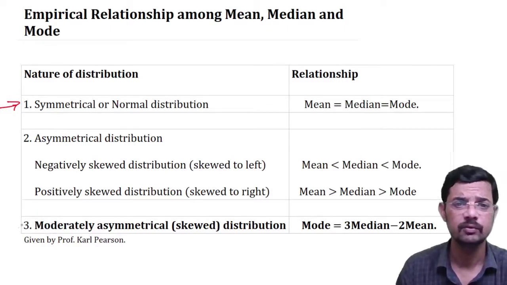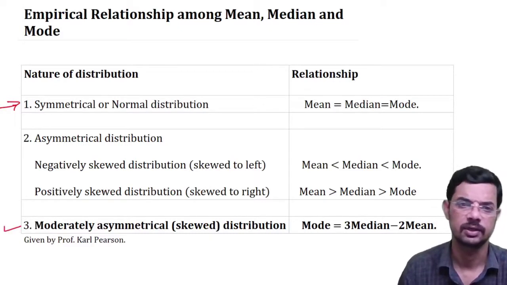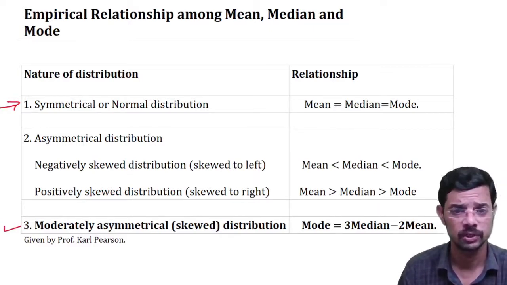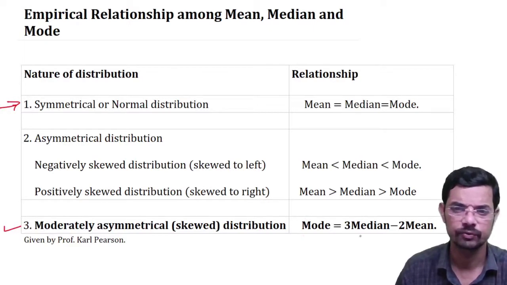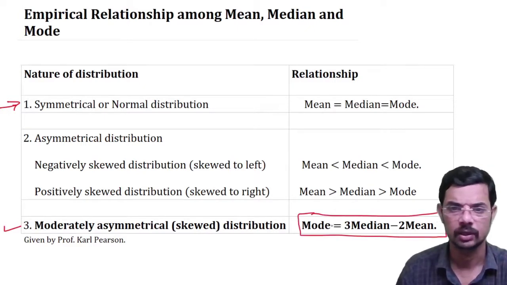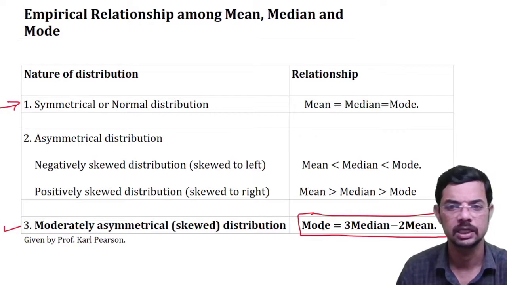Now, generally what we observe is a moderately skewed or asymmetric distribution. It is an asymmetric distribution, but not negatively or positively skewed in the large sense, but skewed moderately, either positively or negatively. Then we can use this relationship to find the mode if we have the median and the mean. That is, mode is equal to 3 median minus 2 mean.